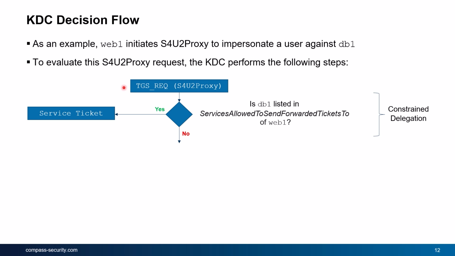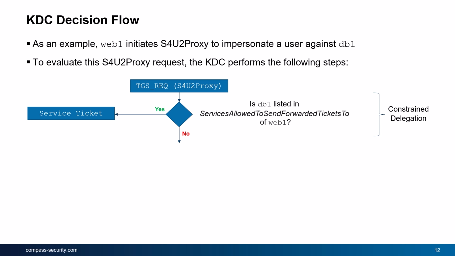We start with the S4U2Proxy request towards the KDC, and the first thing that the KDC verifies is whether there is a regular constraint delegation configured. So it will check whether Web1 is allowed to delegate towards DB1. For constraint delegation, that will be a configuration on Web1, specifically the msDS-AllowedToDelegateTo attribute. So this is what we've seen before in part 5.